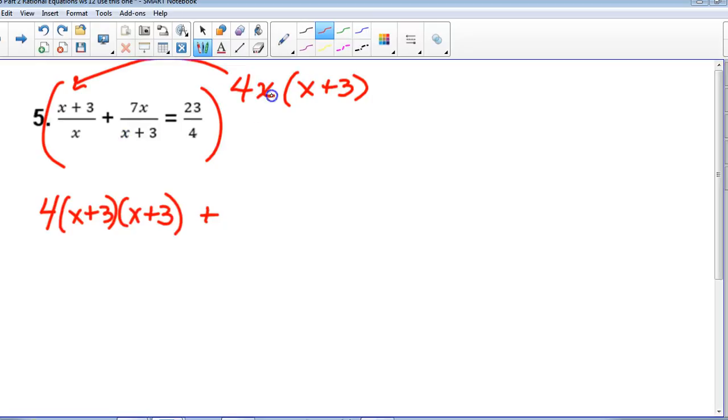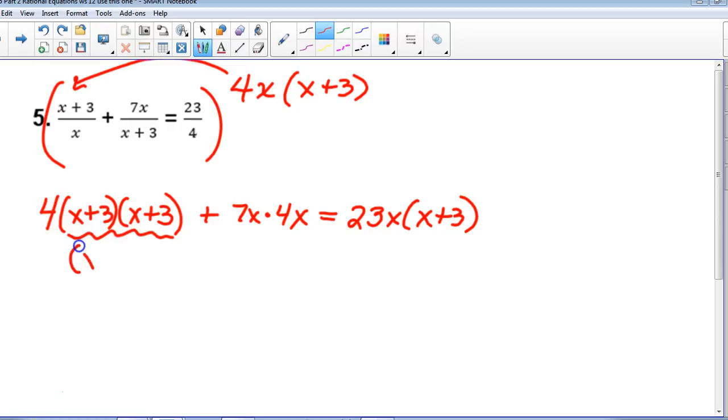X plus 3's cancel the next time, so I have a 7x times a 4x. Did I do that one right? All right, and over here all the cancels is the 4, so I have a 23 and an x plus 3. All right. I wish we could divide everything by 4 or something, but we can't.